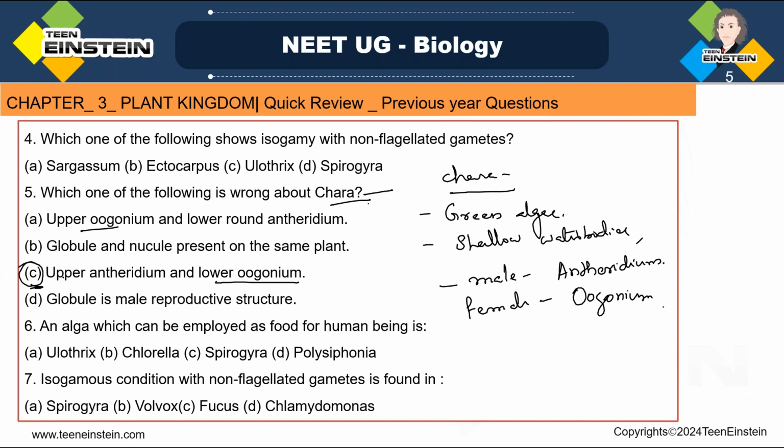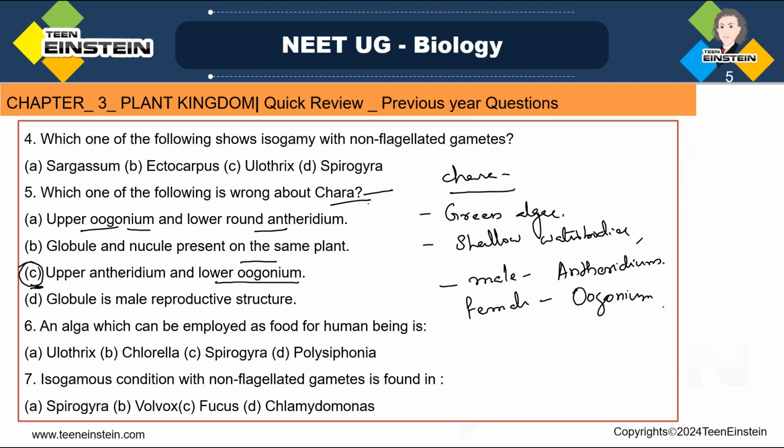All other statements about Chara, like upper oogonium, are right, lower round antheridium is also right. Globule and nucule both are present on the same plant, right? We have seen this with the picture of the plant. And upper antheridium and lower oogonium, that is wrong.